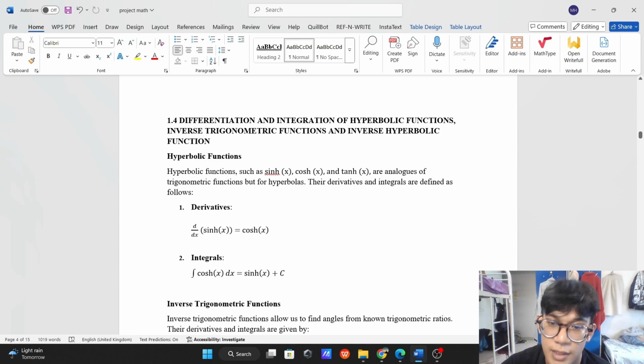Their derivatives and integrals are defined as follows. First, the derivative d/dx of sinh x equals cosh x. Second, the integral of cosh x dx equals sinh x plus c.